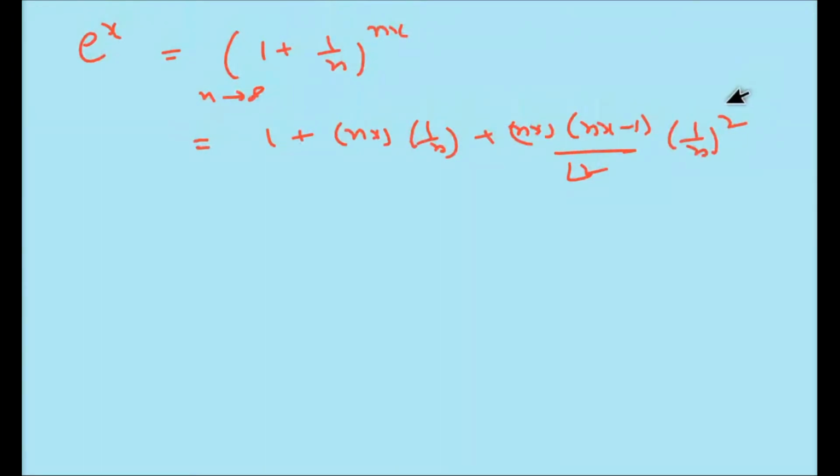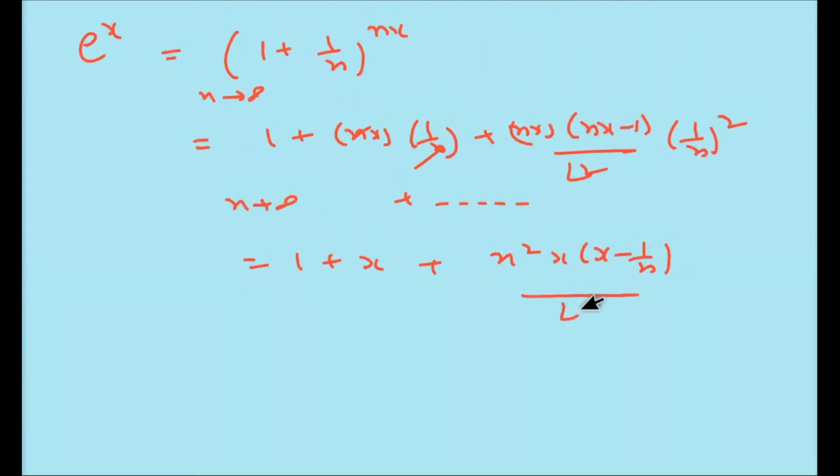Okay student, so this way you can use. After cancelling this n, what do we get here: 1 plus x plus, taking n square common, 1 minus 1 upon n upon factorial 2 x square, and the n square cancels out, and the same way for other terms.